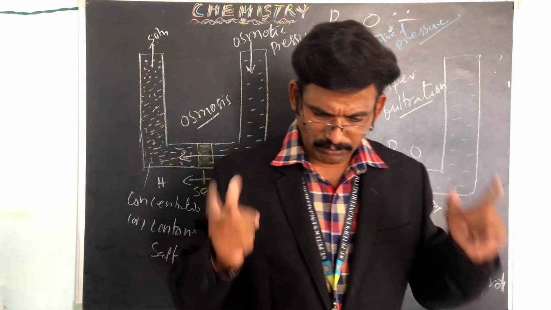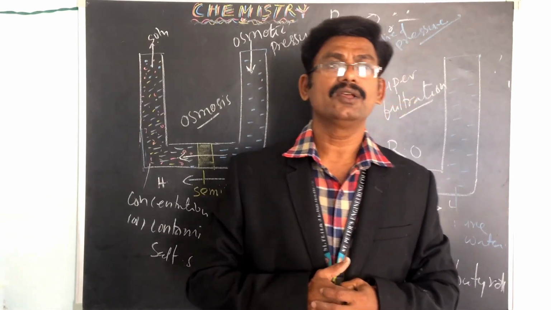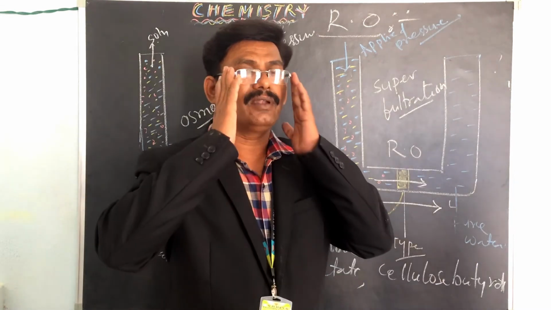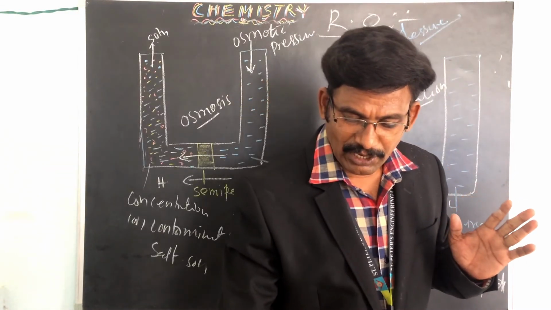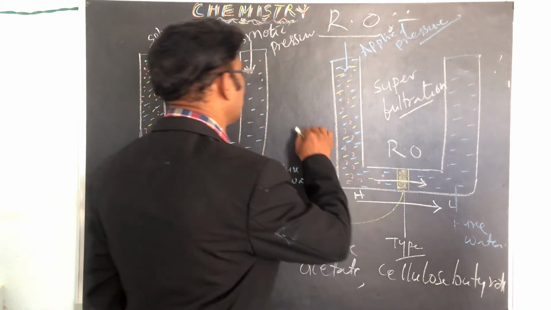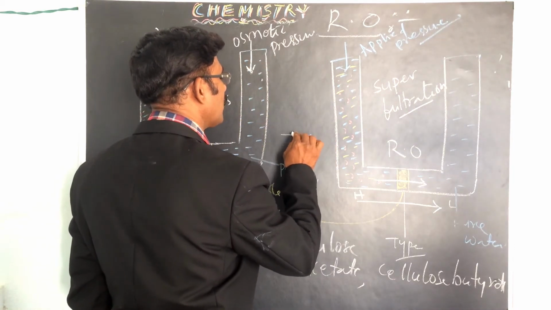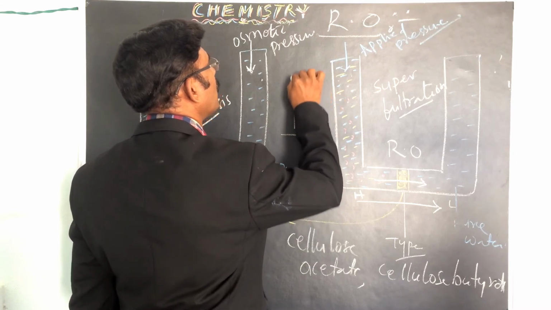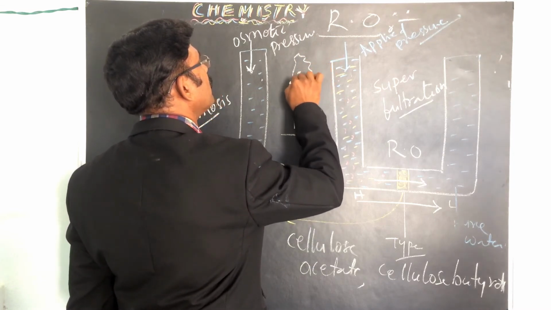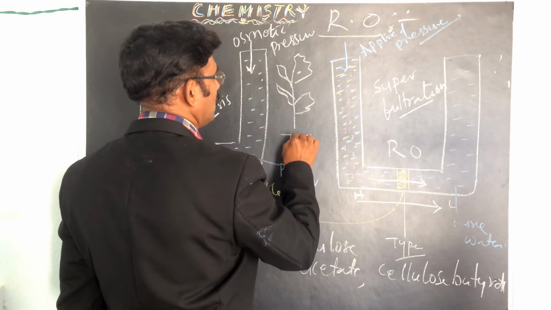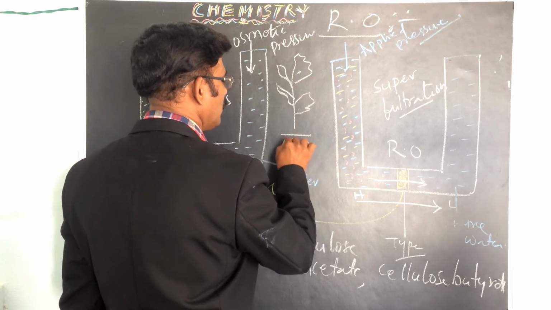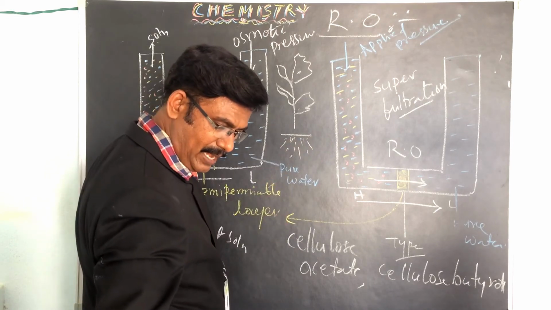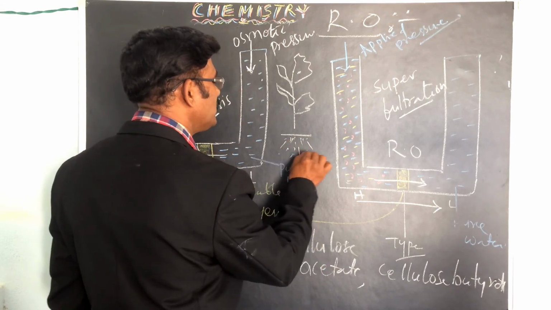I will ask you one more question here. In nature, for example, here is one tree. This is the roots of the plant and this is the water.